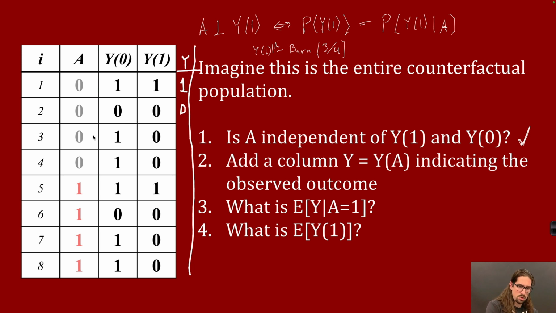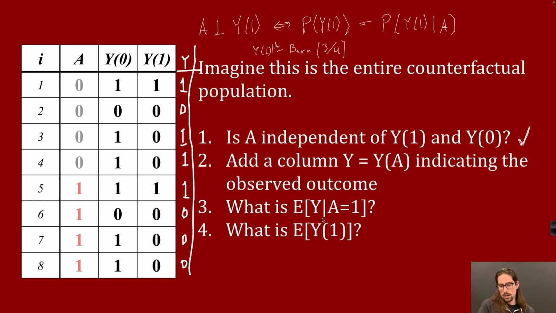For this person, their treatment is 0, so we get Y0. For this person, their treatment is 0, so we look at Y0. So we're getting these numbers. But for these people, we're getting these numbers here. So it's 1, 0, 0, 0, right? This person was treated, and so their observed outcome is the potential outcome according to treatment. It's that one. So these are our values for the observed outcome.